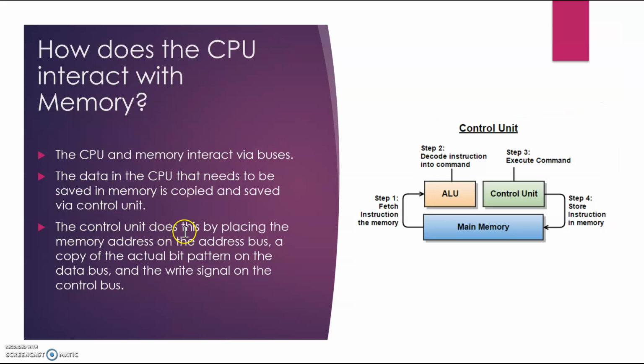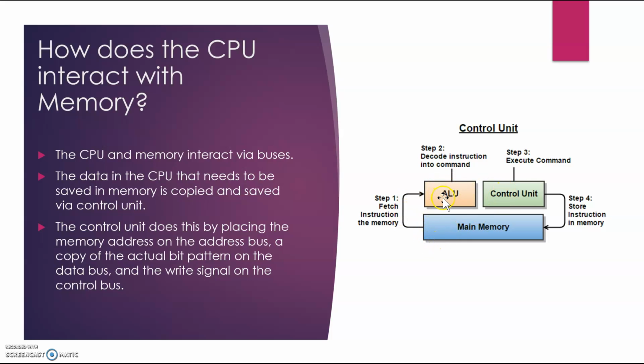So the control unit does this by placing the memory address on an address bus, a copy of the actual bit pattern on the data bus, and a write signal on the control bus. So it uses all 3 buses: memory address on the address bus, bit pattern on the data bus, and write signal on the control bus. And right here we can see Step 1 fetches the instructions from memory to the ALU.